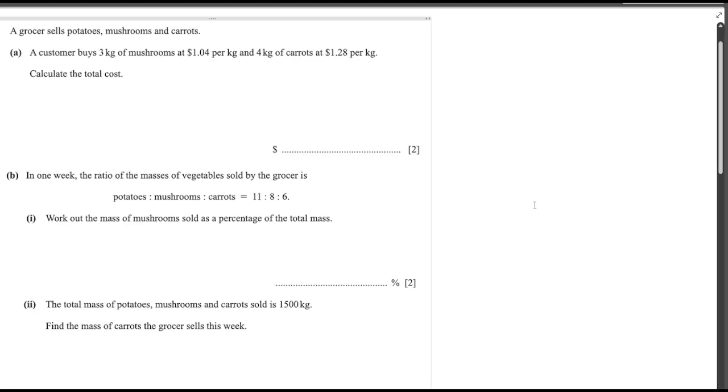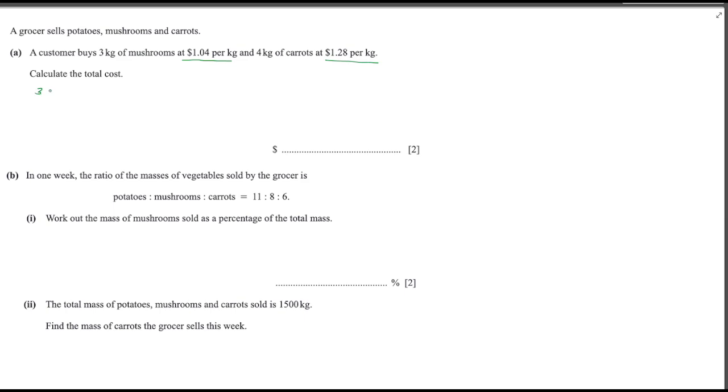Okay. Now again, a wonderful question. A grocer sells potatoes, mushrooms, and carrots. The customer buys 3 kg of mushrooms at 1.04 per kg and 4 kg of carrots at 1.28 per kg. Calculate the total cost.